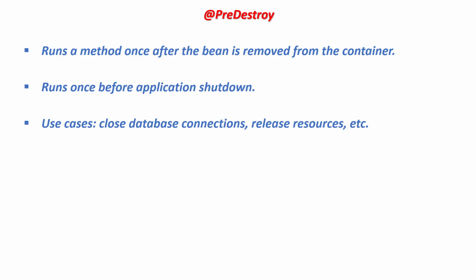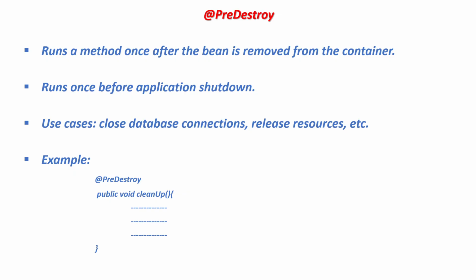So once the application is getting shut down, this method will execute immediately. Let's look at a small example. Whatever code I want to execute after the application is shut down or the bean is getting destroyed, I can keep together in a certain method and annotate that method with the PreDestroy annotation. So it will execute once the application is shut down.